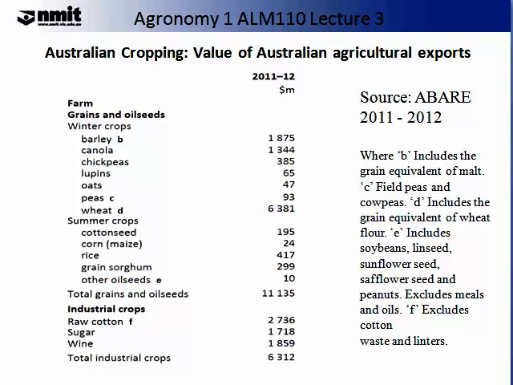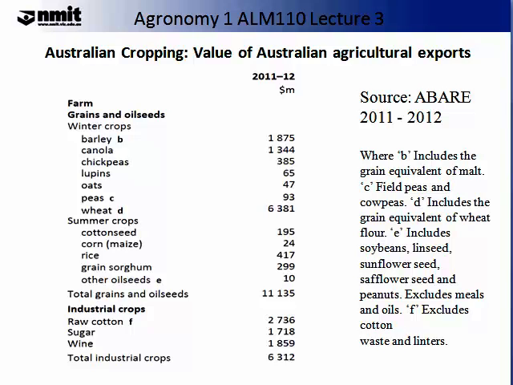If we look at this in some detail, you will see that the largest grossing export crop is wheat. This is followed by barley and canola, then chickpeas, peas, lupins, and finally oats.